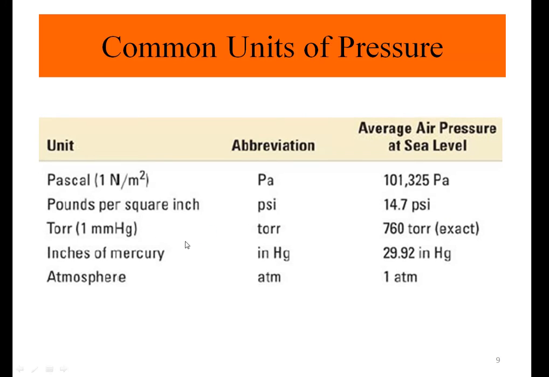Torr, or millimeter mercury, shown by torr. 1 ATM is equivalent to 760 torr. Inches of mercury, shown by inch mercury. 1 ATM is equivalent to 29.92 inch mercury. Atmosphere, ATM, is equivalent to 1 ATM.